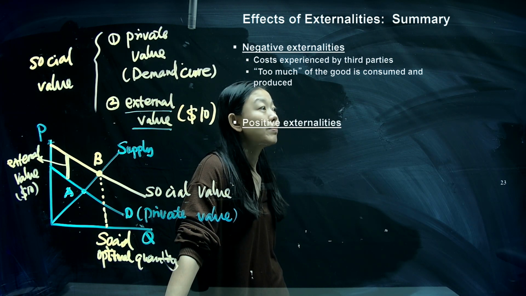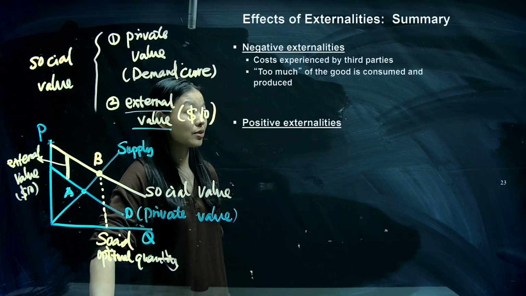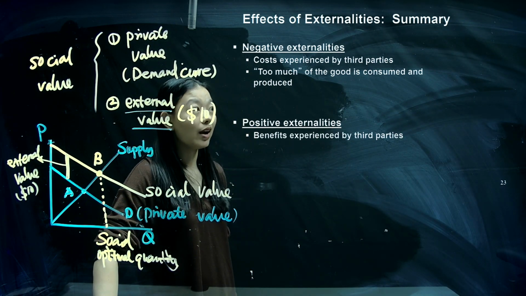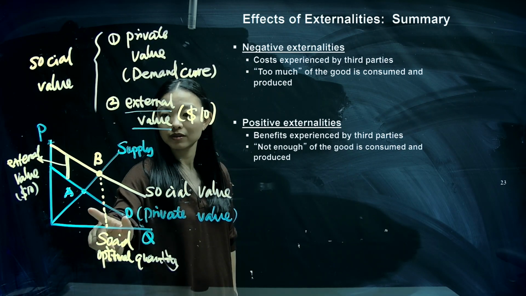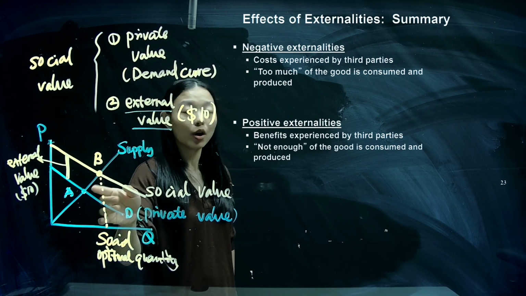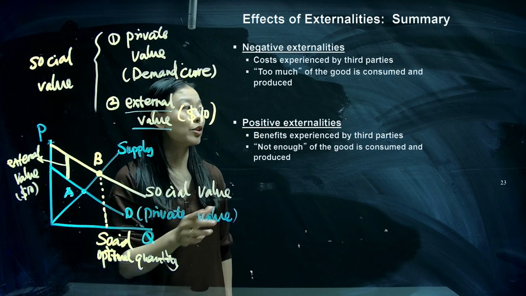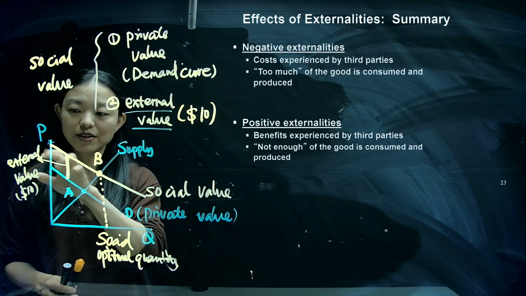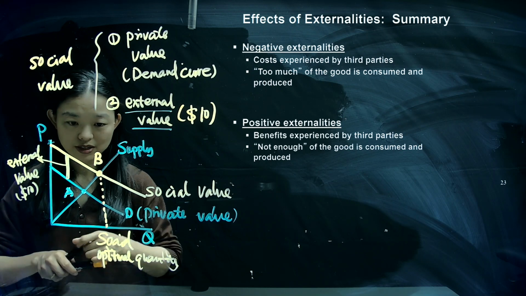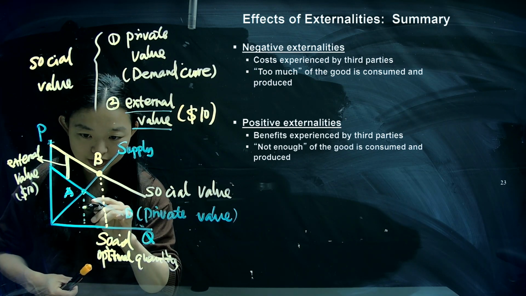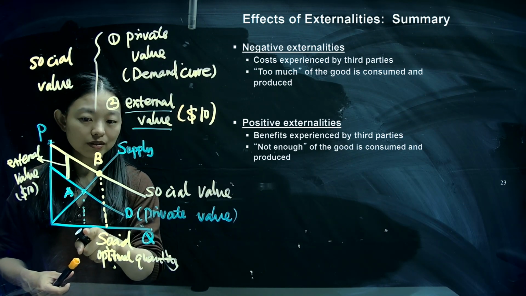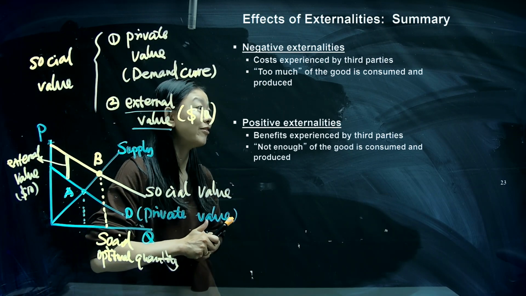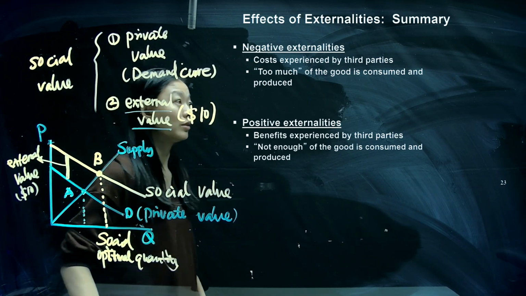For positive externality, like the fruit shorts, the benefits are experienced by the third party. However, not enough of the good is consumed and produced. You can see that without considering the external benefits, point A is the market equilibrium, and the market equilibrium quantity is smaller than the social optimum quantity, which means not enough of the good is consumed or produced.